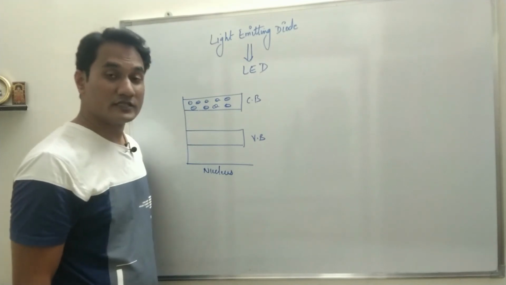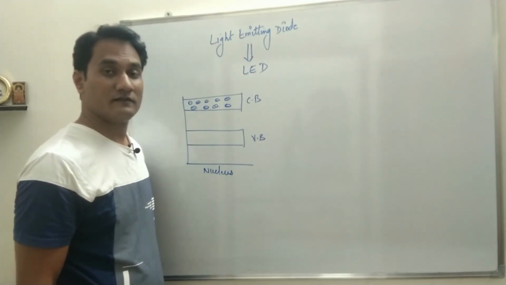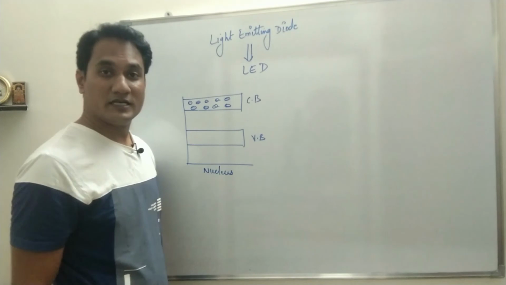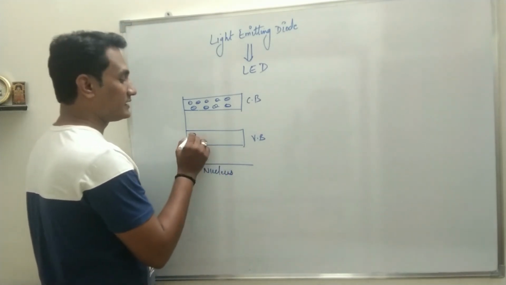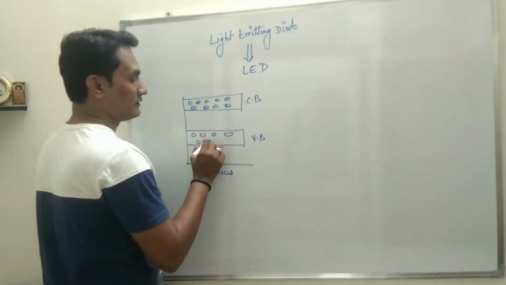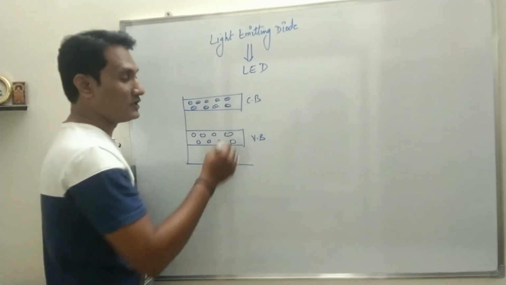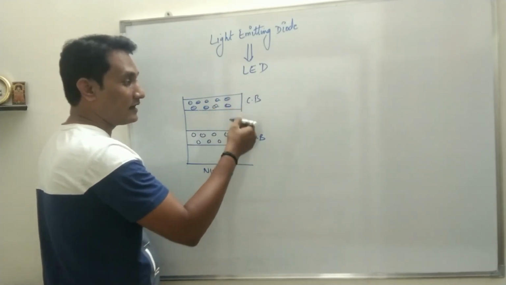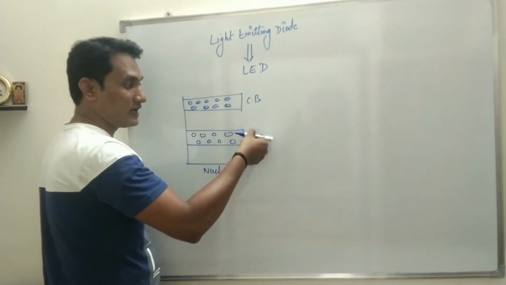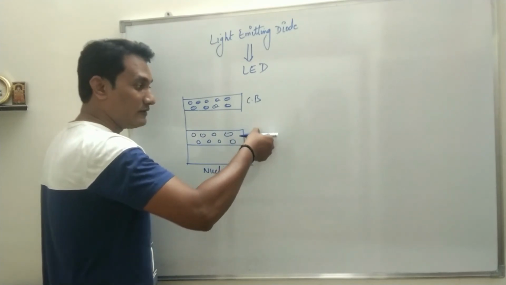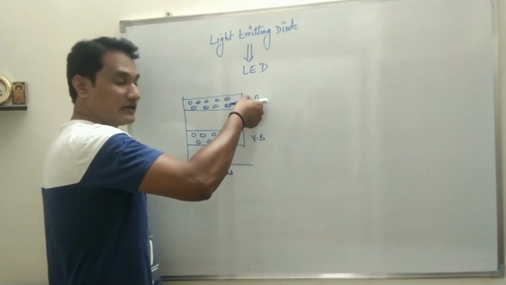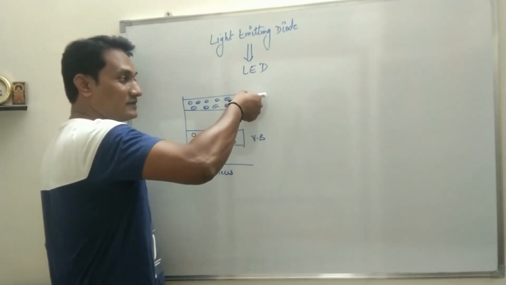When you say that current flows in the p-n junction diode, what is actually happening is the valence band has holes and the conduction band has free electrons. These electrons are at a higher energy level. These are the outermost orbit electrons. When you give external energy, they become free electrons at a higher energy level.